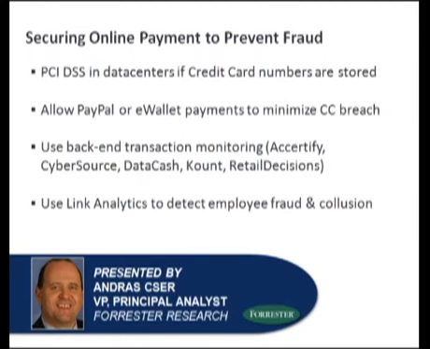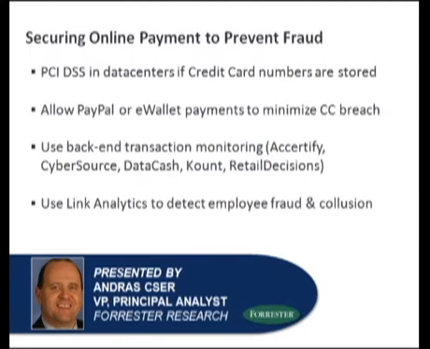And using link analytics to detect employee fraud and collusion is very important. Link analytics looks at attributes of transactions, and attributes of known fraudulent transactions. It's very interesting if you have two users, Alice and Bob, and they share the same phone number, and they both committed fraudulent transactions.